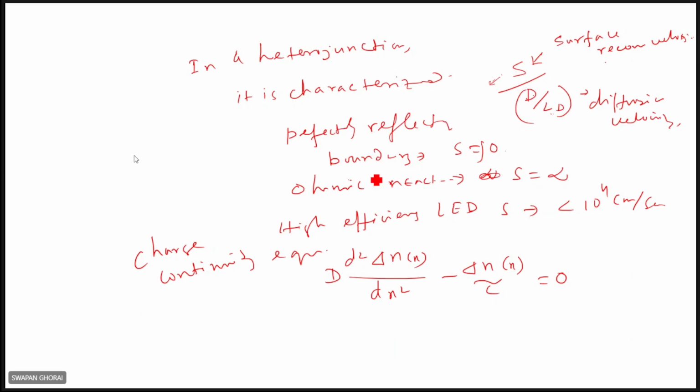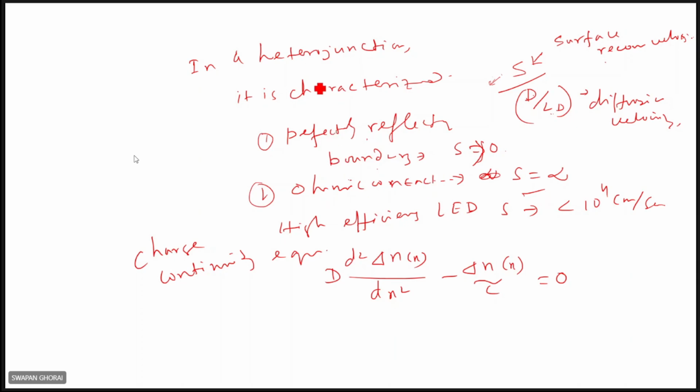What is the surface recombination? If you consider a perfectly reflecting boundary, then there will be no recombination, so S will be equal to 0. And for an ohmic contact, the surface recombination velocity will be infinite, because all carriers will be combined. But these are the two extreme cases.